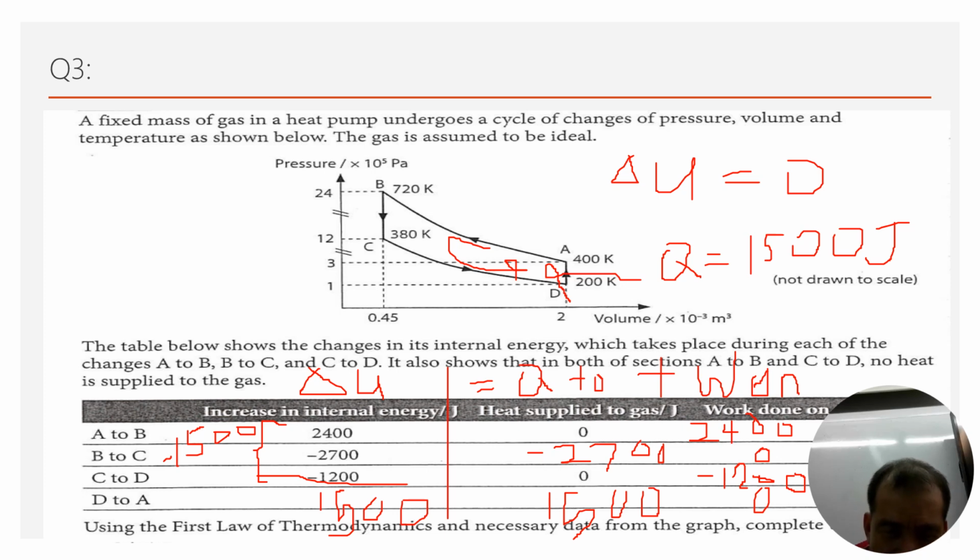You realize that they extract the heat energy out from B to C by decreasing the temperature, from 720 to 380. So my heat extracted is minus 2007. So the entire cycle seems reasonable. Okay, beautiful. Yeah, this is about it.